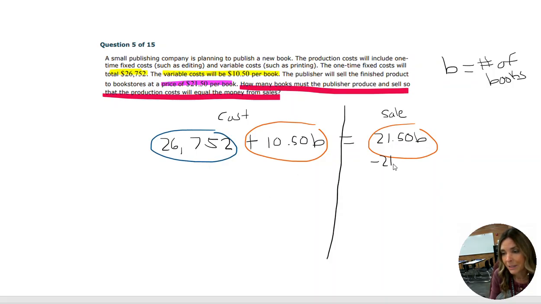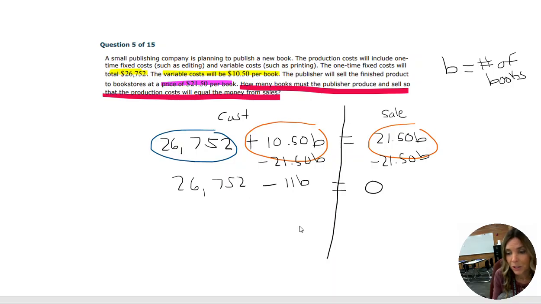I'm going to subtract 21.50b from both sides to start. Now on my right side, I'm left with a 0 that I need to write down, and then this is going to be negative 11b. So now I have 26,752 and a negative 11b equal to 0.